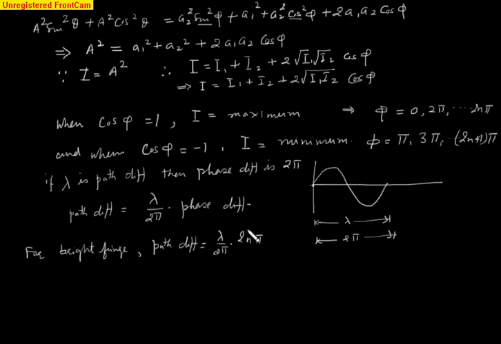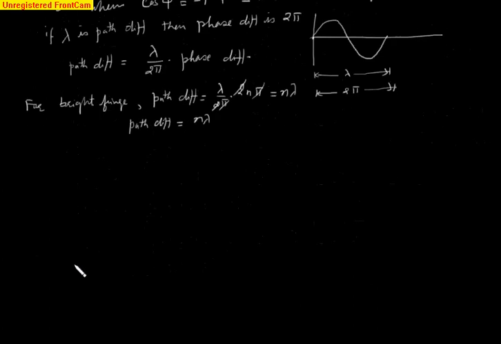From here 2 will cancel, pi will cancel, and you will be left with n lambda. So for a bright fringe, path difference is equal to n lambda. That is the condition. And similarly you can find the condition for minima, for a dark fringe.